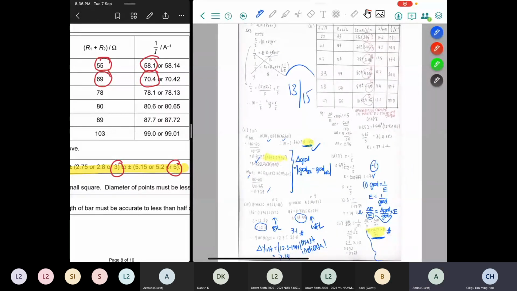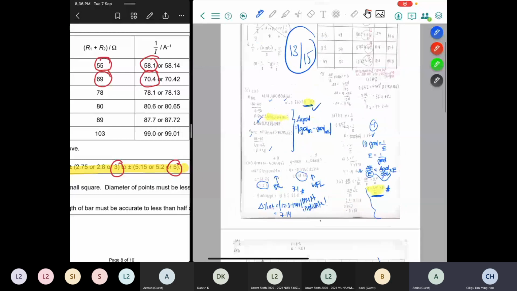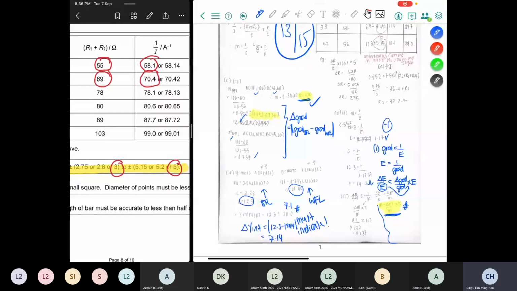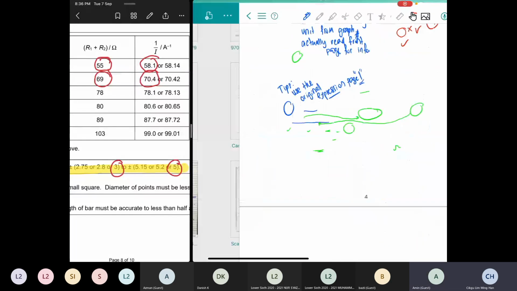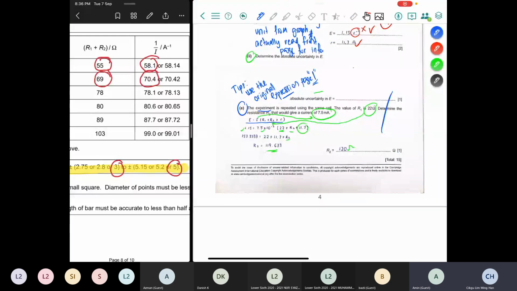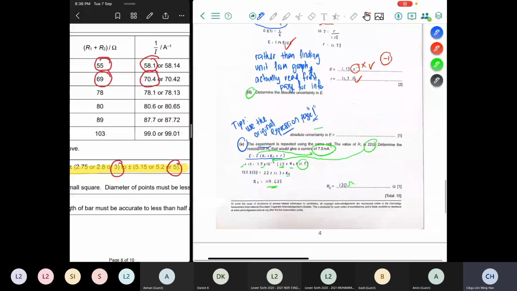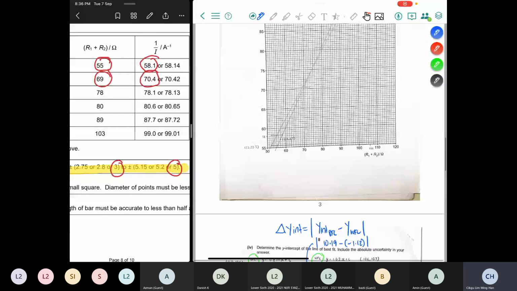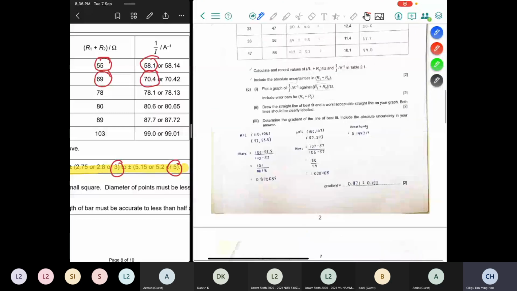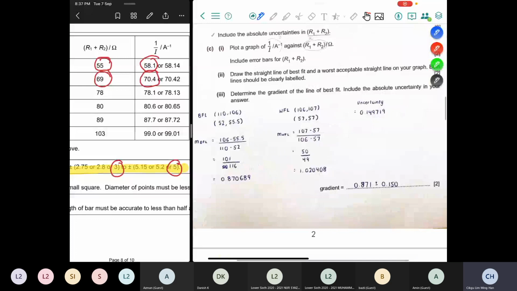So overall, Sir, yes, Amin. For uncertainty, how to find it, best fit line minus worst fit line? Uncertainty for what first? Gradient. Uncertainty for gradient. You mean this one, right? So yes.